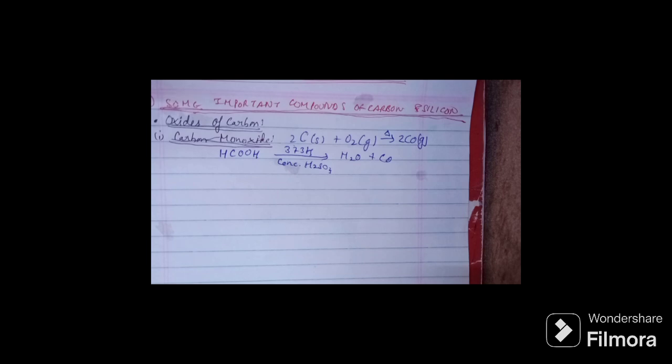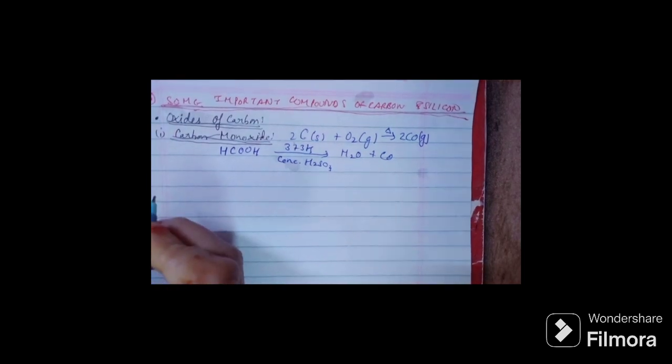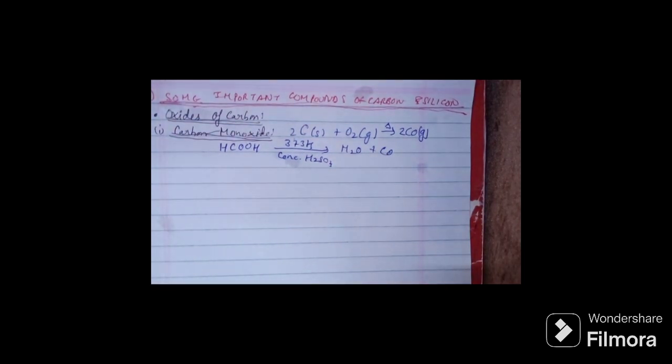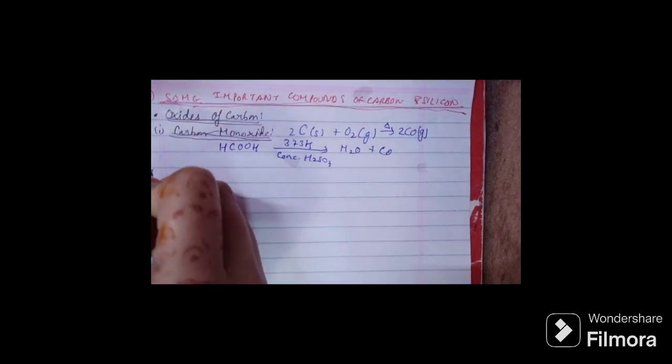On a commercial scale, it is prepared by the passage of steam over hot coke, and the mixture of carbon monoxide and H2 thus produced is known as water gas or synthesis gas. Let me just write it down for you all, so that it will be helpful when you are going through the notes.